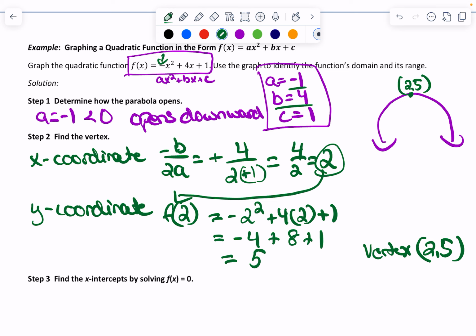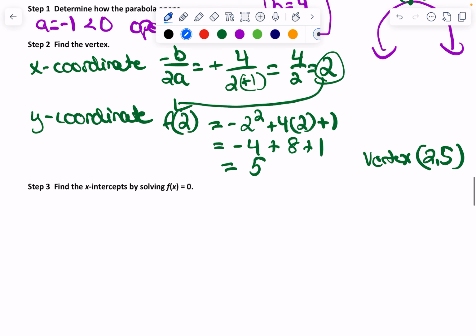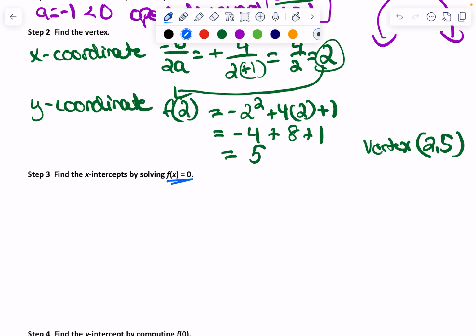Okay, next we're going to calculate the x-intercepts by solving f of x equals 0. So -x squared plus 4x plus 1 equals 0. Now, looking at this, we're not going to be able to factor this.